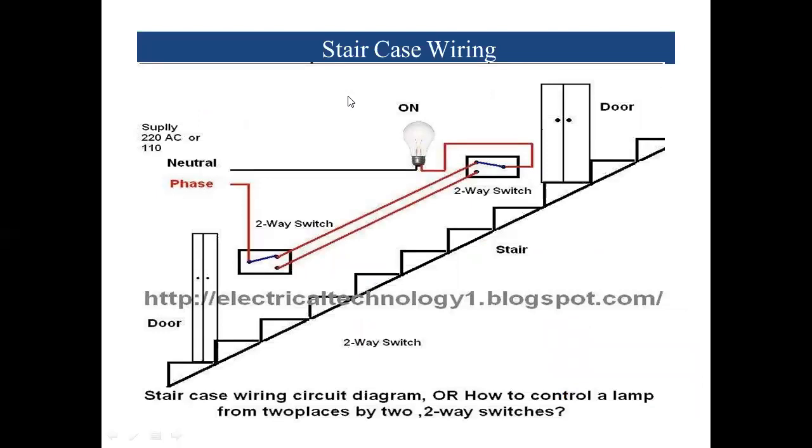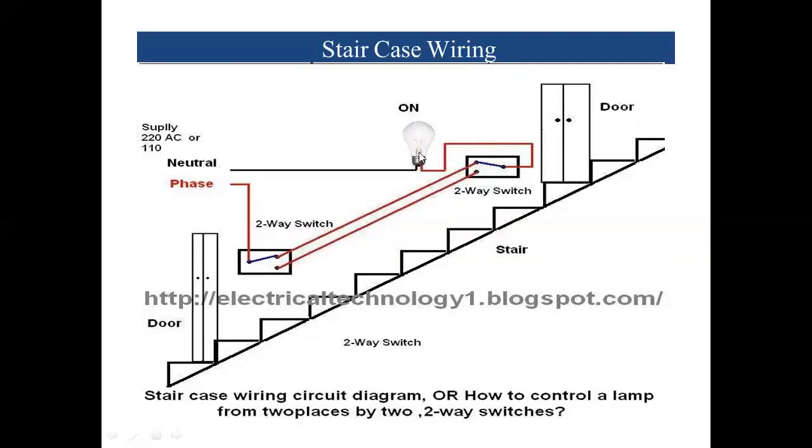And here you can see the diagram, where you can easily understand that two-way switches are placed here on the first floor, and in another location one more switch is placed, and here it is a lamp. If you turn on the switch you can go up, and here also you can control the same lamp.